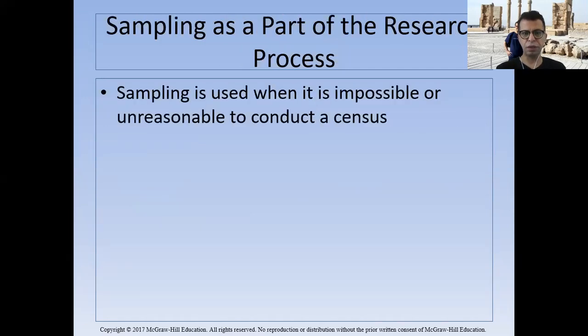The process of sampling is used when it is impossible, as I said, or unreasonable to conduct a census. A census means that we examine everybody. Let's assume we wanted to decide whether people in a city are going to buy a certain product or not.